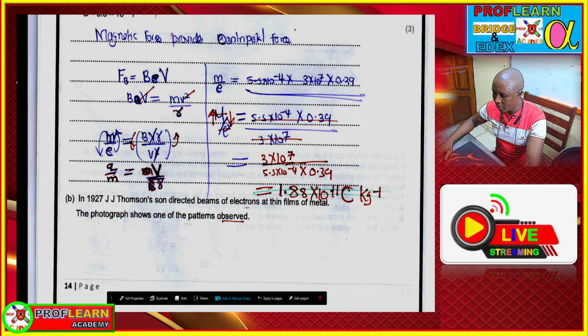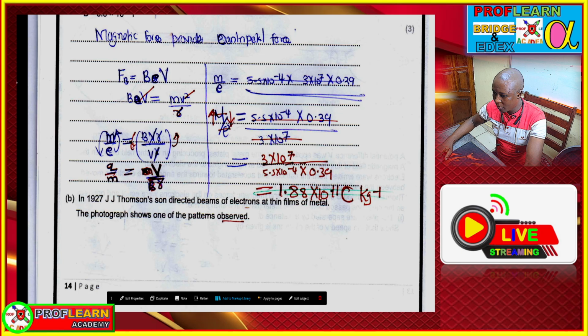So for that reason, these particles which are within the magnetic field are going to experience a force, which is a magnetic force. And remember, magnetic force is calculated by the formula magnetic flux density B times the electric charge times the velocity at which it's going to move.